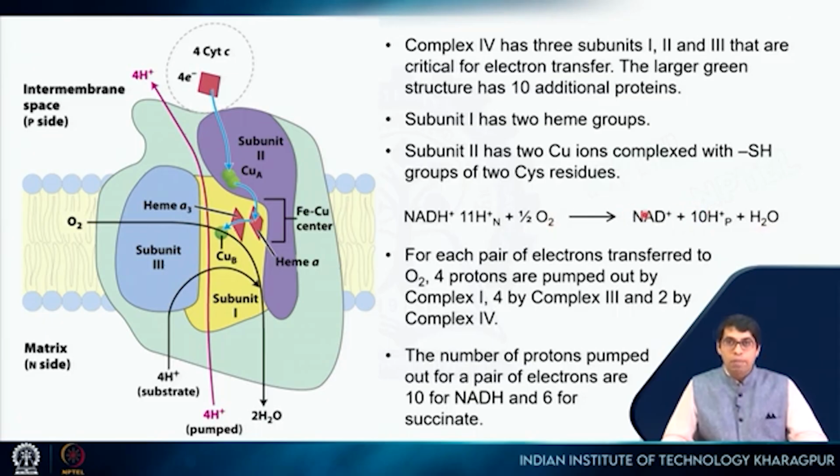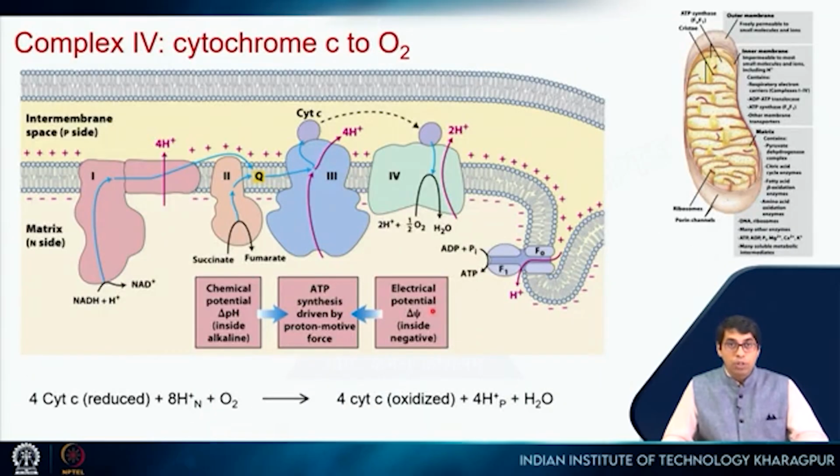So you can see this is not a balanced reaction, right? Because we have to count all the number of protons that are transferred from the inner side to the outer side. So for each pair of electrons transferred to the oxygen, 4 protons are pumped out by complex 1, 4 protons are pumped out by complex 3 and 2 protons are pumped out by complex 2, which is shown here.